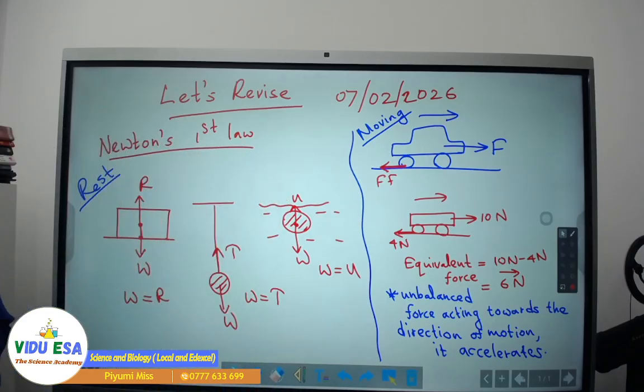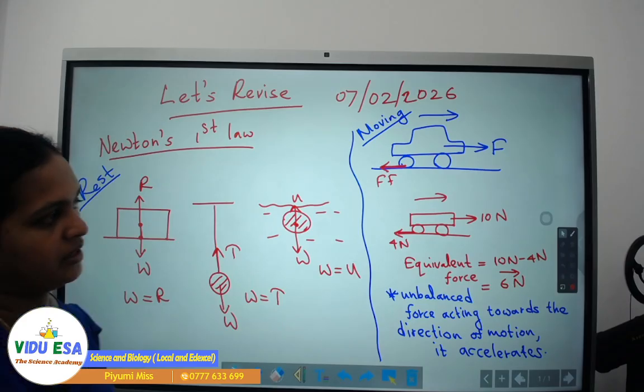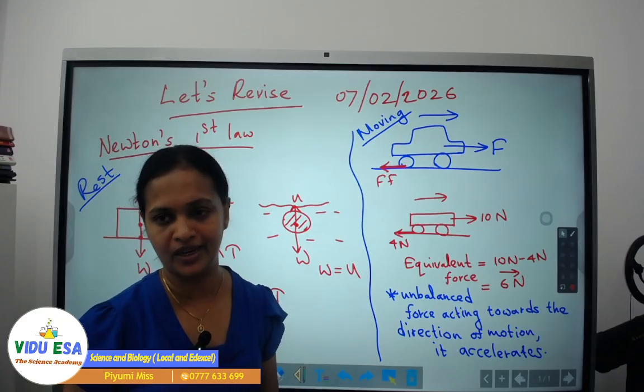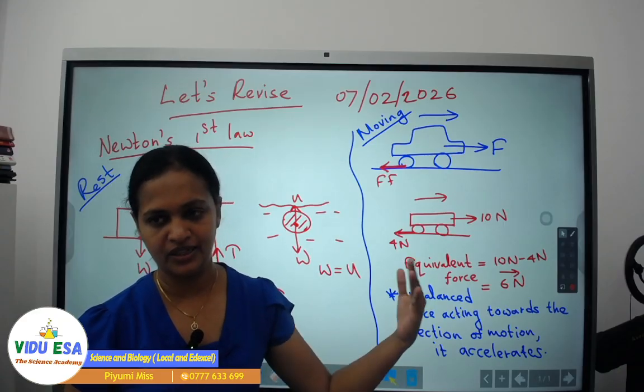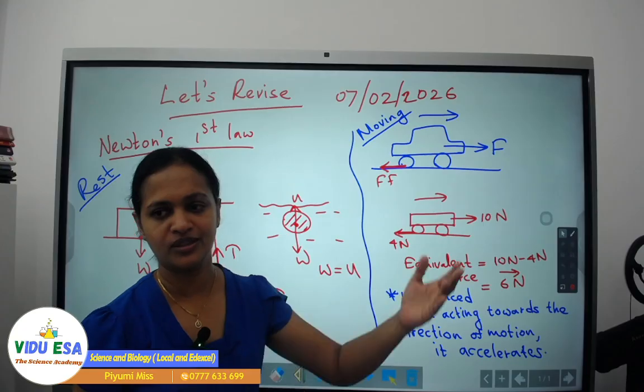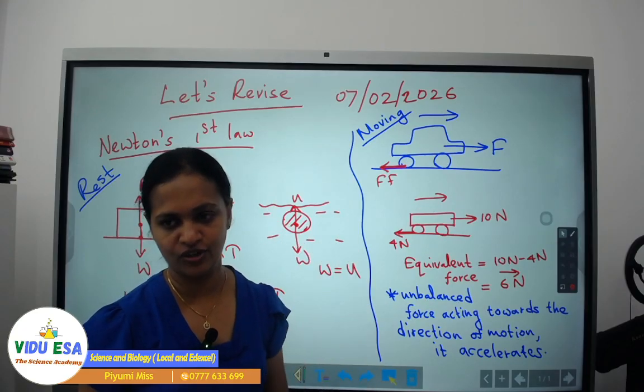Then what is the opposite? If an unbalanced force is acting against the direction of motion, applying brakes, then it will be decelerated. So the equivalent force is towards the opposite direction of motion.